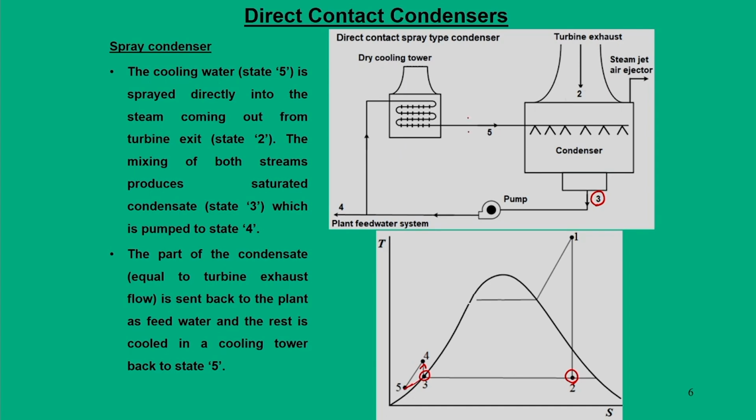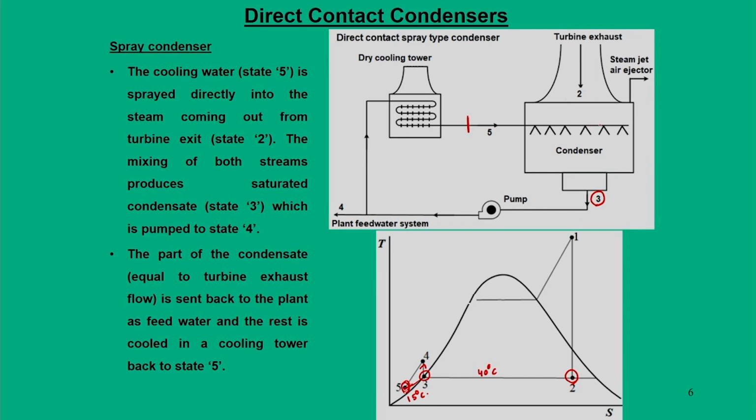State 5 means we can bring it to a further lower temperature, because state 3 is about 40 degree centigrade and state 5 is normally close to the water temperature available in the cooling tower, around 15 to 20 degree centigrade. So, this is a further lower temperature.